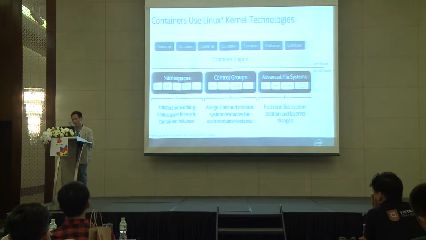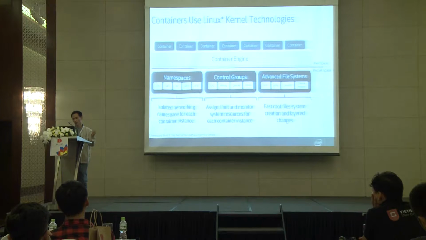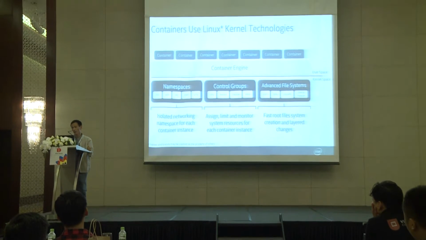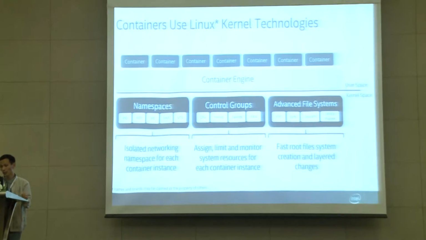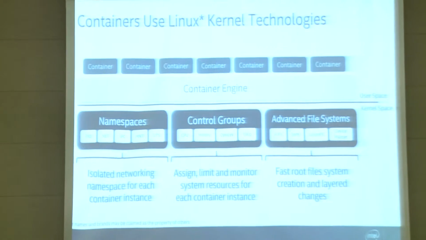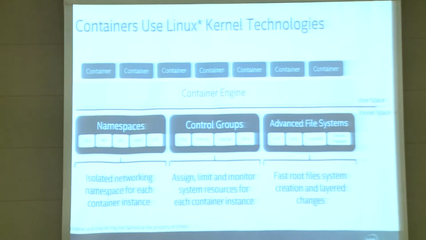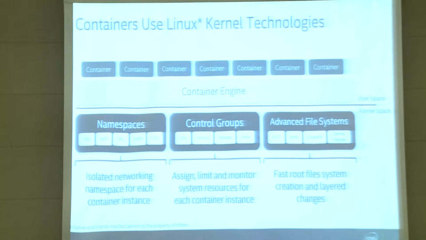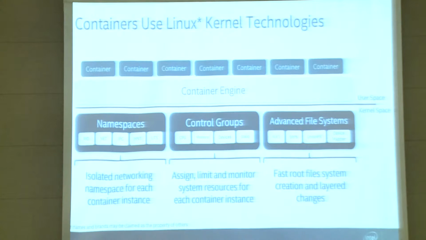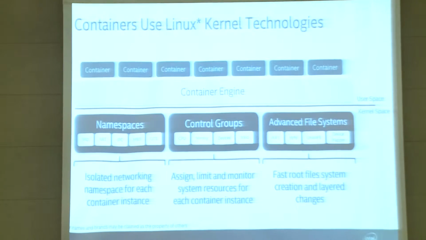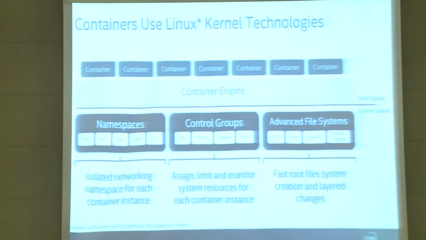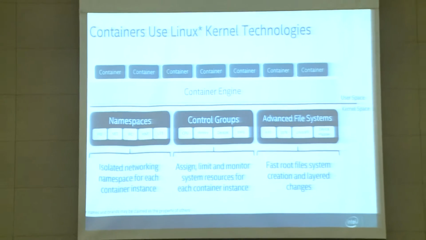So let's keep in mind that all these technologies, like namespaces, cgroups, and the file system, were not designed specifically for containers. They actually existed in the Linux kernel before Docker container technology, right?